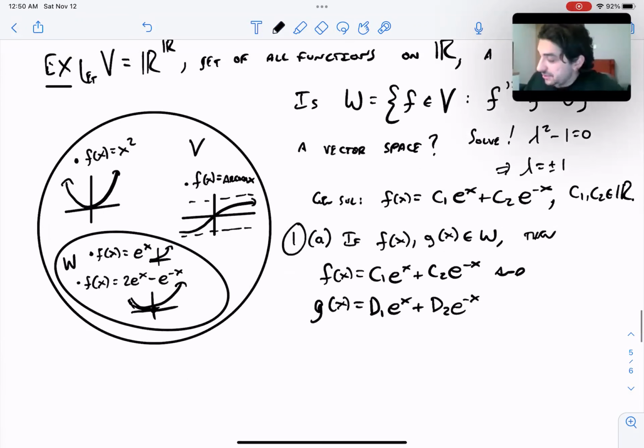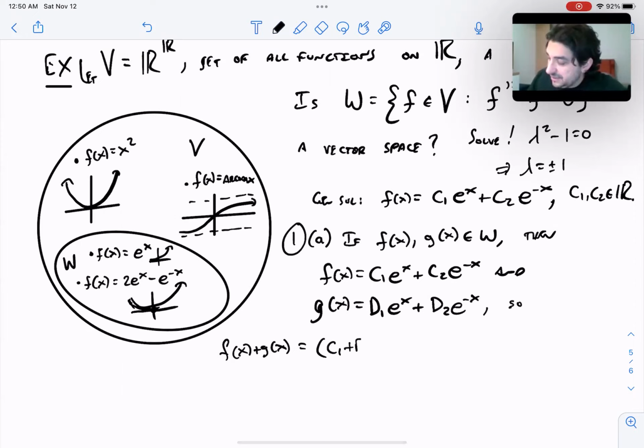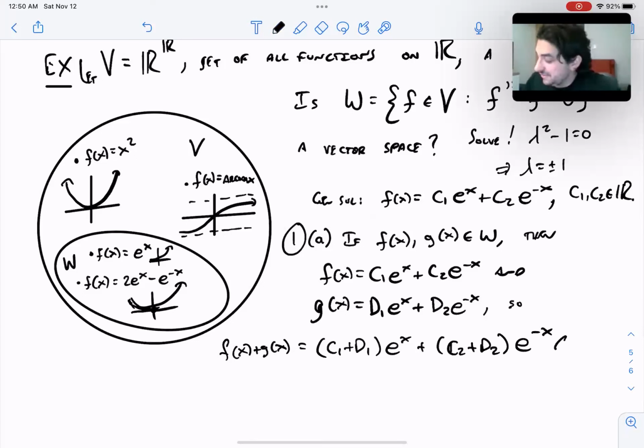What would you have then? Their sum, if you add those together, you combine like terms. You still get something of the form constant times e to the x plus constant times e to the minus x. And therefore, their sum is still in W. So if you add together two elements of W, you end up with another element of W.